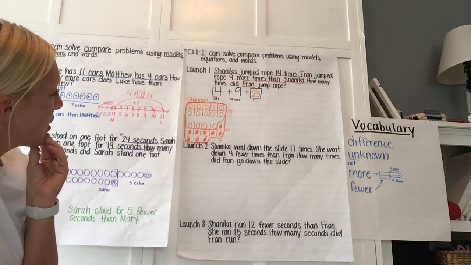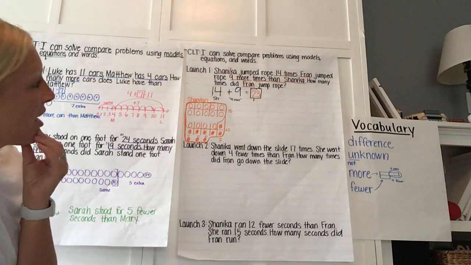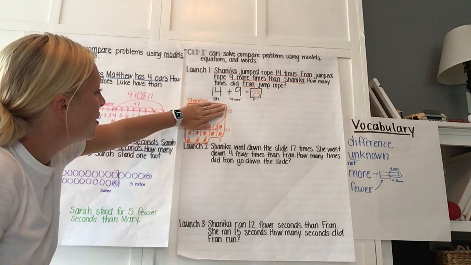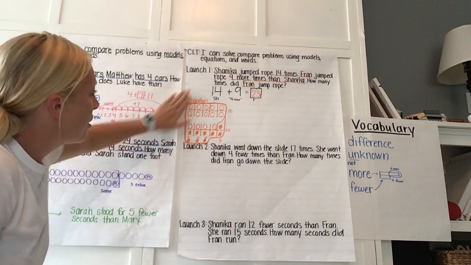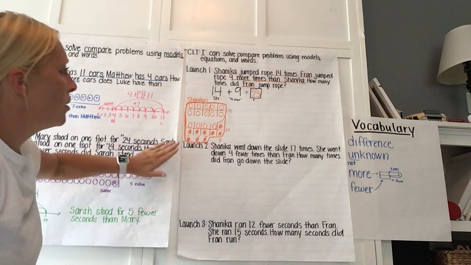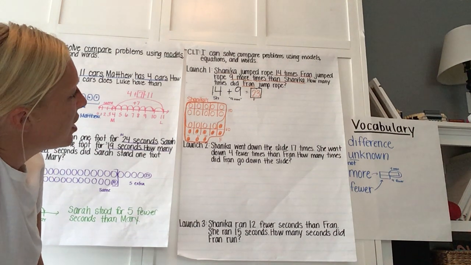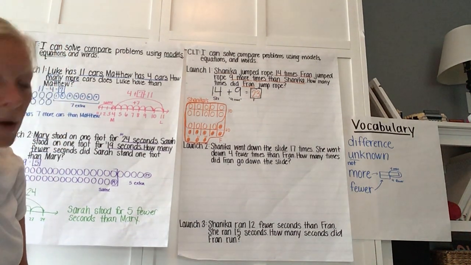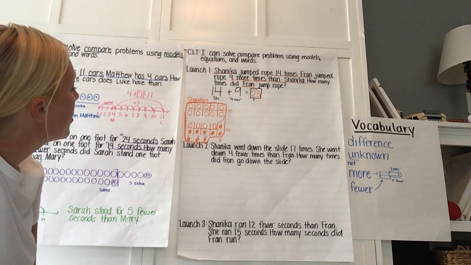It definitely is easier to see and count that, right? We're not having to count by ones. All right, so Shanika's 14, and then that 9 more, and the total, or the sum, is 23. So Fran jumped 23 times.